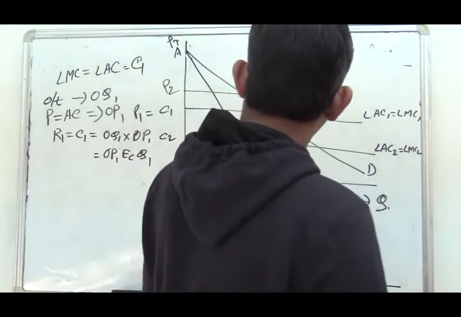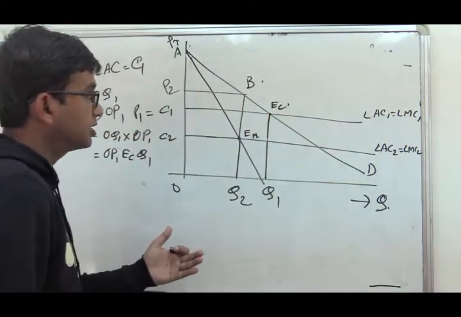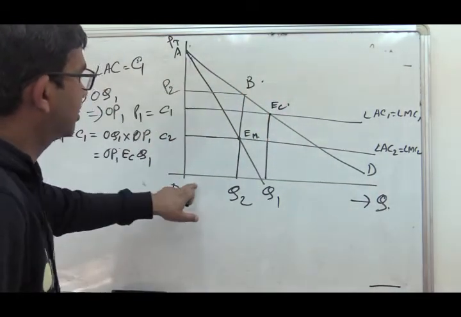So what is the revenue of the monopolist? The price is OP2 multiplied by OQ2.